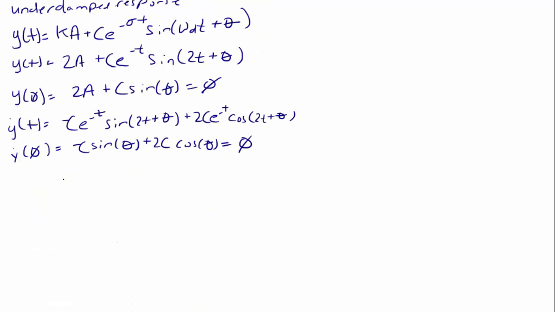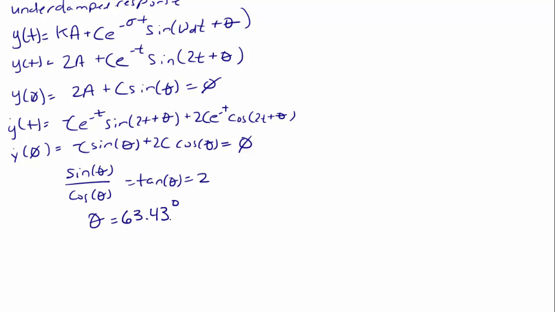We can rearrange this last equation and rewrite it as the sine of theta over the cosine of theta, which is equal to the tangent of theta, and that equals 2. So by taking the arctangent of both sides of the equation, we get that theta is equal to 63.43 degrees.